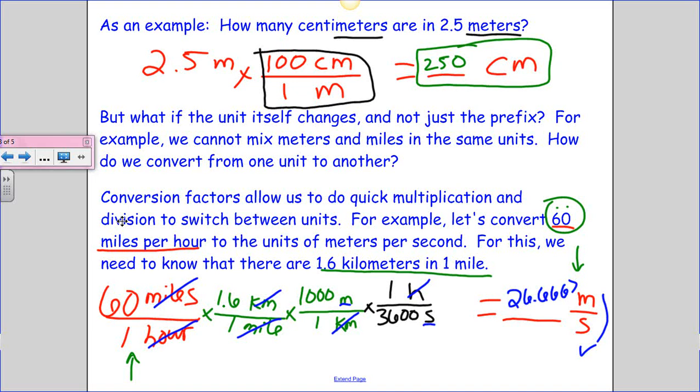So 26.6667 should be rounded to 27. And make sure you circle or box in your answer so it's easy to see. And that's how you use conversion factors. Some of your conversions are going to be between prefixes, like this one was. And some of them are just going to be ratios between things, like kilometers and miles or hours and seconds.